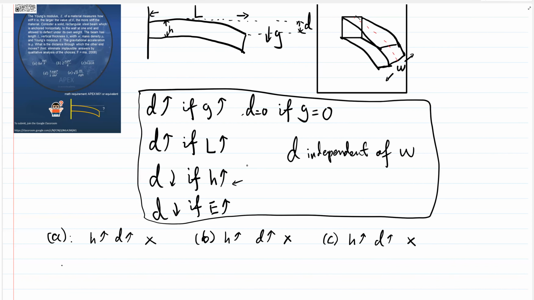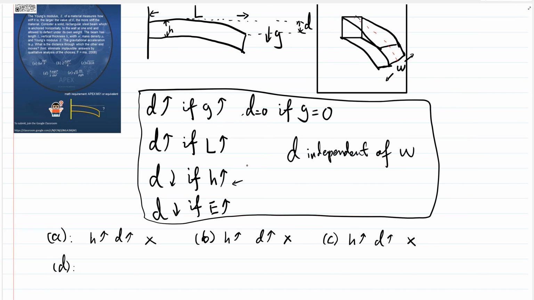Okay. And let's look at the D. Well, D checks all the marks, right? So you see when L increases, it increases the deflection. And look at the numerator first. When G increases, when gravitational acceleration increases, let's say, for instance, you put this thing on Mars, which has less G, you would have less deflection.